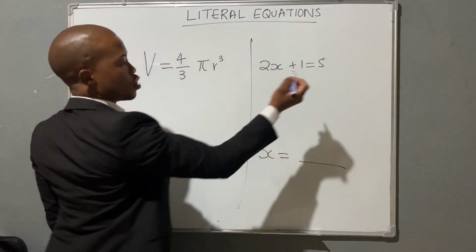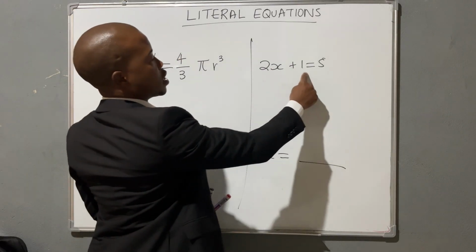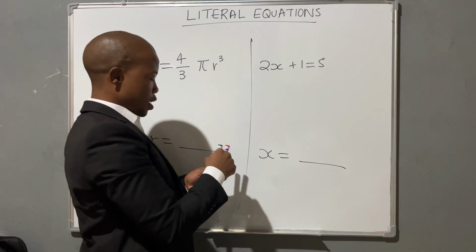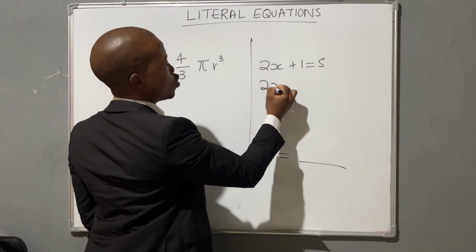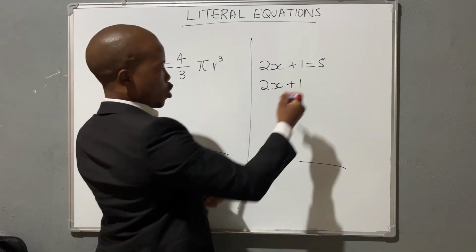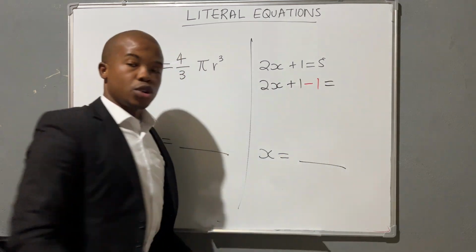How would you solve this one? You'd say, if it is positive 1, you subtract 1, but on both sides. So you'd have something like 2x plus 1. To get rid of that 1 there, you'd say minus 1. But at your school, they taught you what?